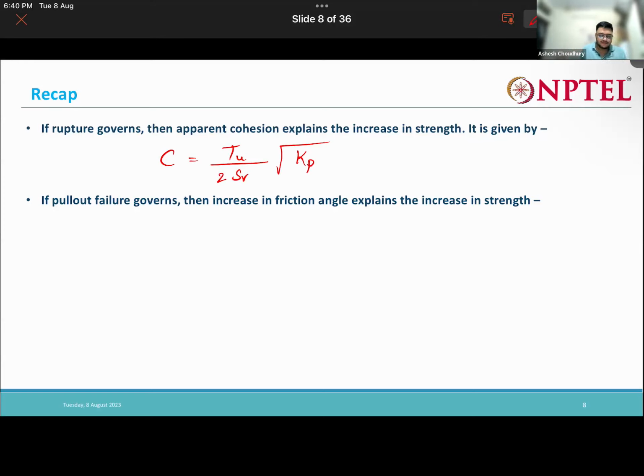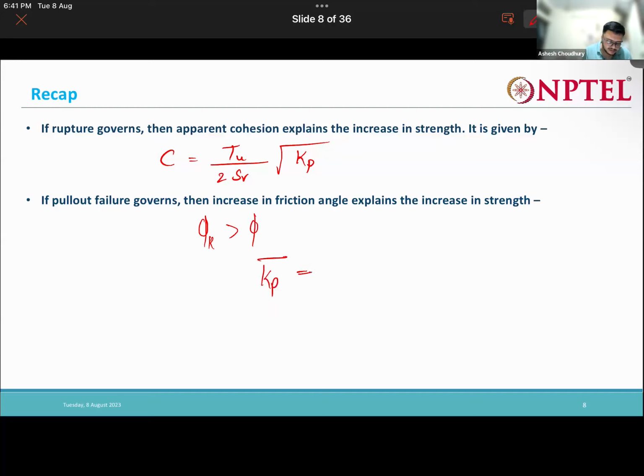Next, we have what will happen if the pull-out failure governs. If the pull-out failure governs, then the increase in friction angle actually explains the increase in strength. In that case, the increased friction angle phi r is greater than phi, and this can be determined from this changed Kp value.